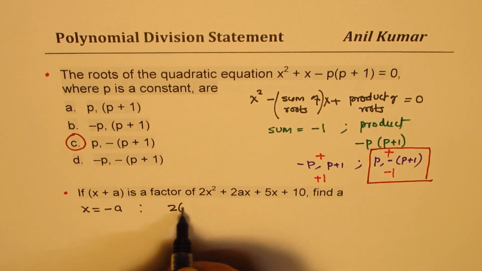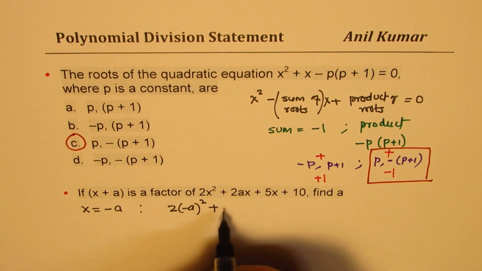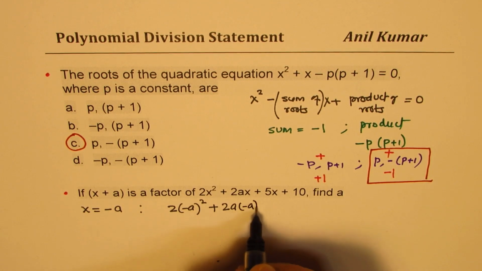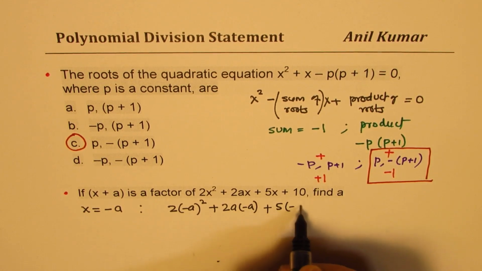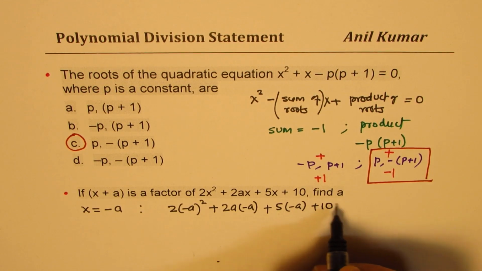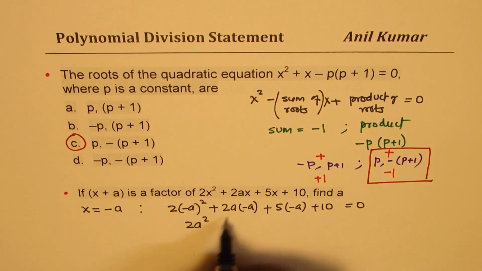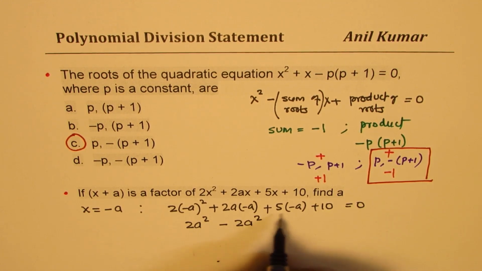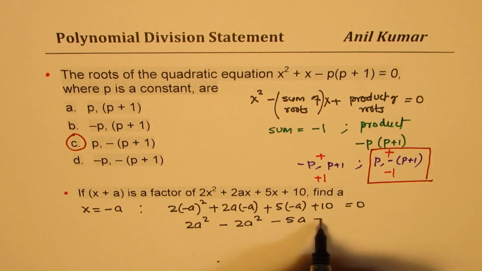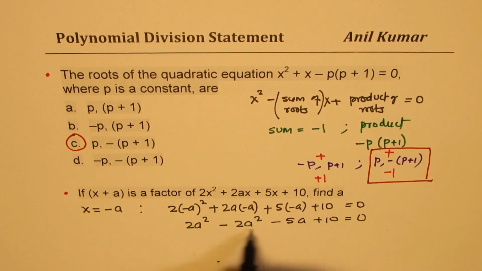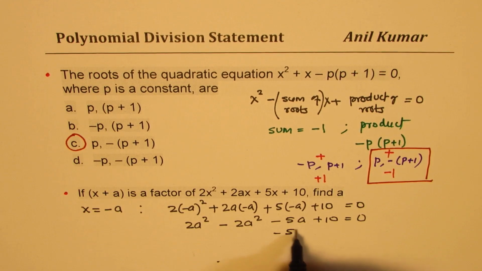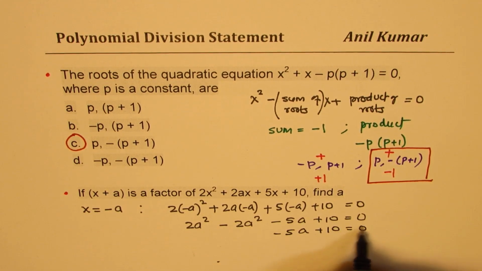So we get 2 times minus a whole square plus 2a times minus a plus 5 times minus a plus 10, and that should be equal to 0, right? So this gives you 2a square, that gives you minus 2a square, this is minus 5a plus 10 equals to 0. These cancel, so you have minus 5a plus 10 equals to 0.